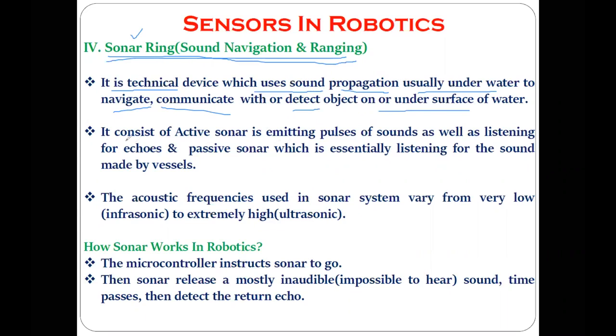This sonar device also consists of two components, one is the active sonar component and another is the passive sonar component. How does it actually perform its activity? The active sonar emits pulses of sound, and it is also capable of listening to the echoes of the sound.